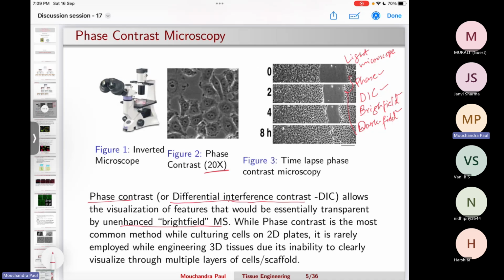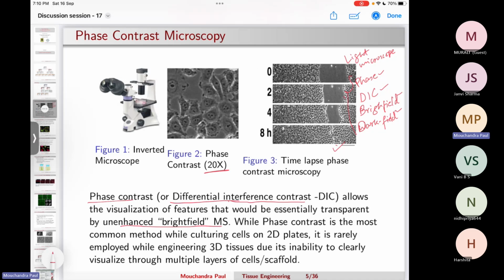Then you can use microscopic techniques to monitor your cells' health under some assays, like some experiment that you have set up. This is a time lapse experiment they are doing. At each time point, they are seeing how the cells are migrating from both the ends. This is all taken from a phase contrast microscope. It is able to show you the clear margins, the white margins, that are formed on either side.